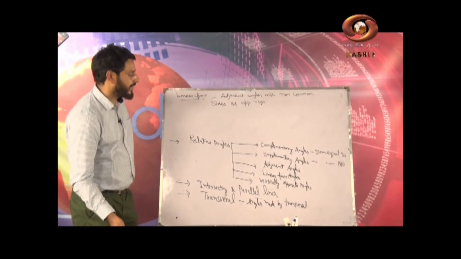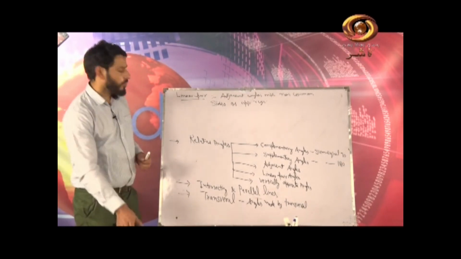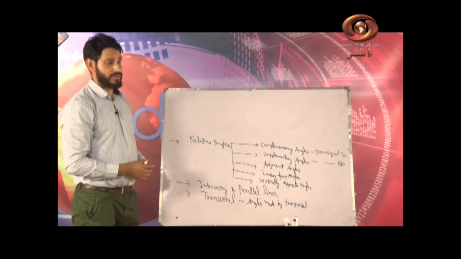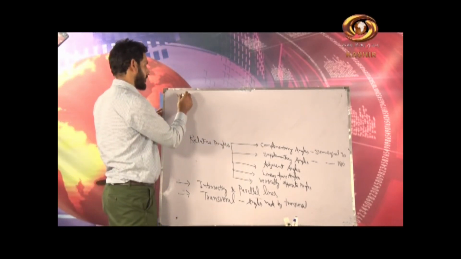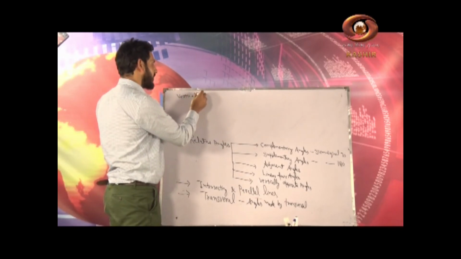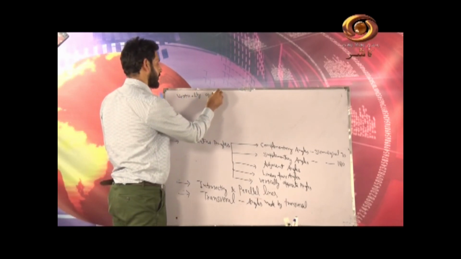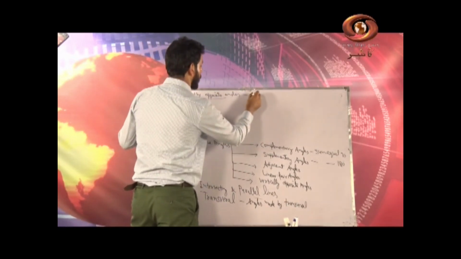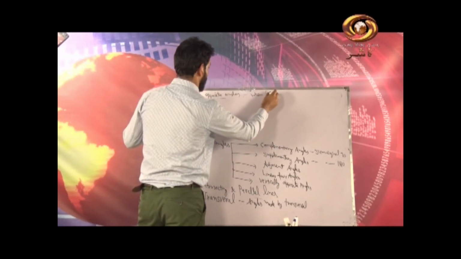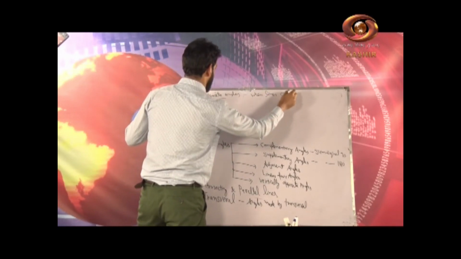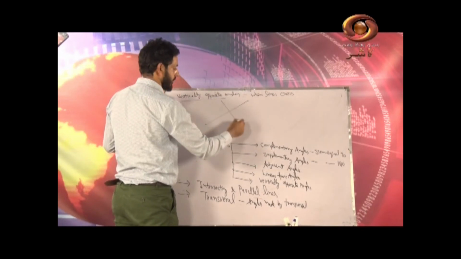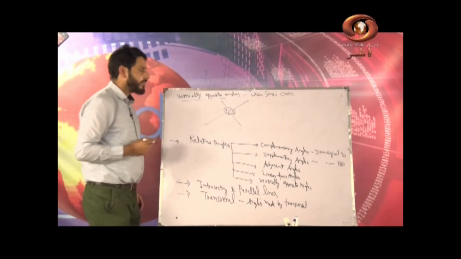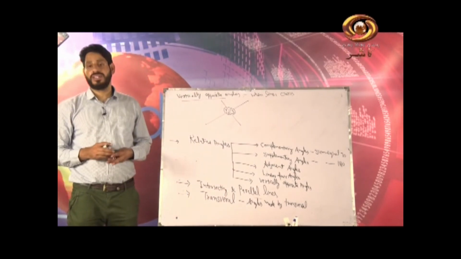Next in this category is vertically opposite angles. Vertically opposite angles are formed when lines cross each other, right? So we can say that if this is angle 1, we make four angles here, as 2 lines cross each other.